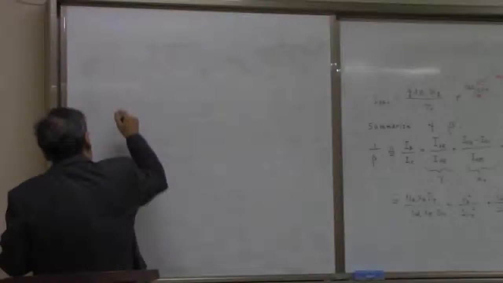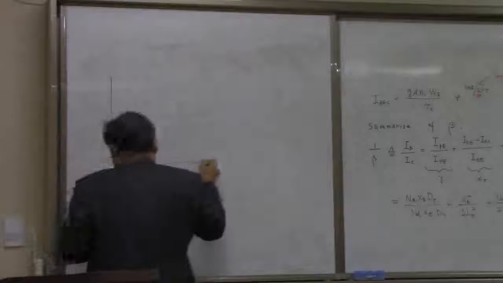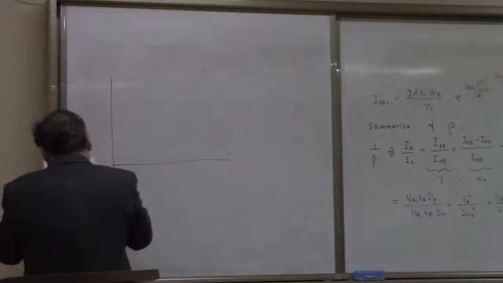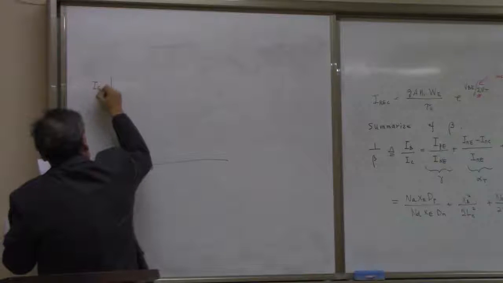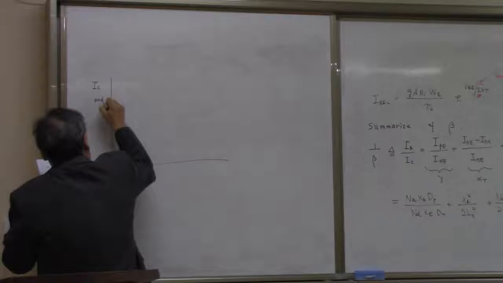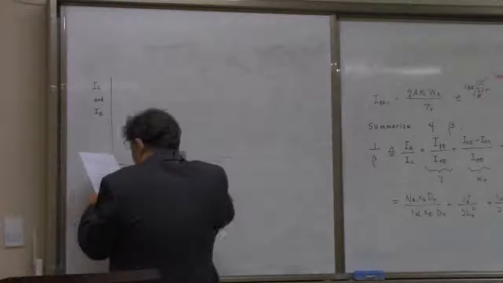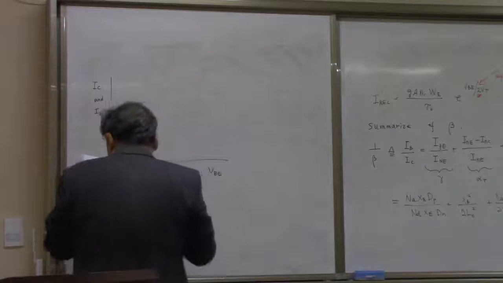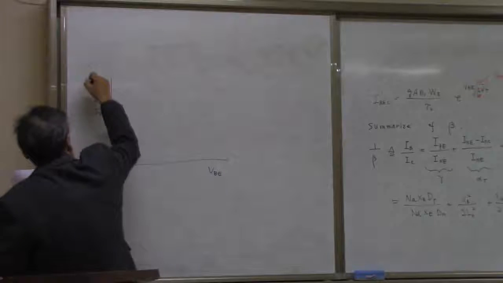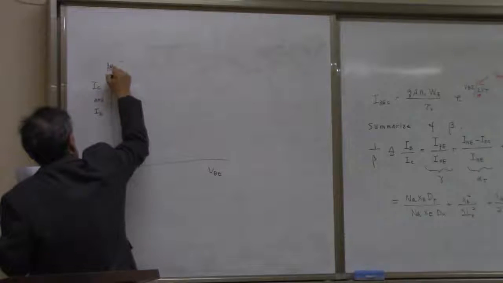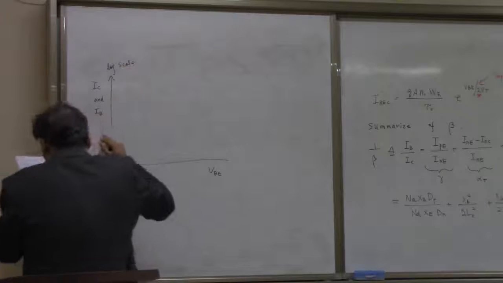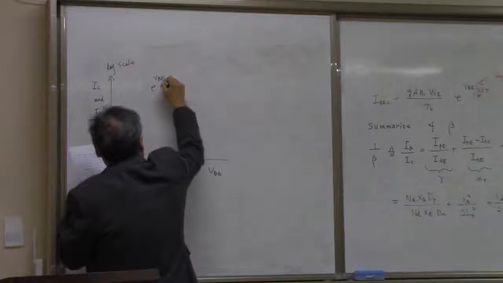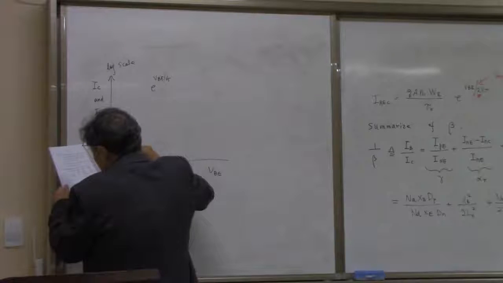So if you plot the gain, IC and IB, say, and you plot against the VBE, this is log scale, and e to the VBE over VT, we have two straight lines here.